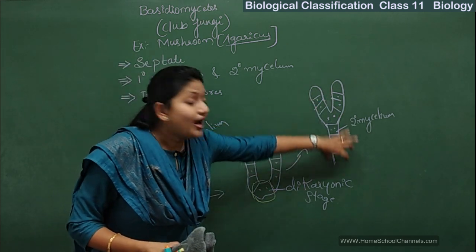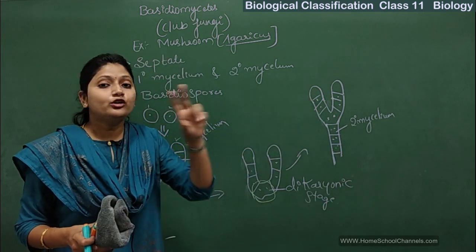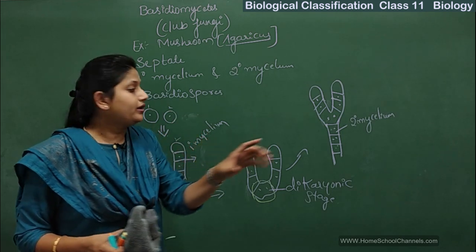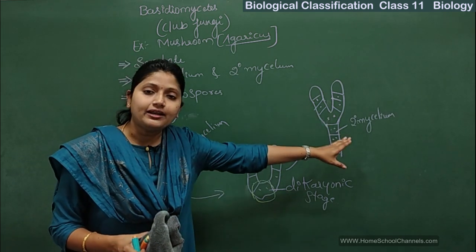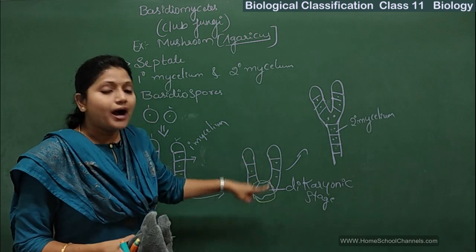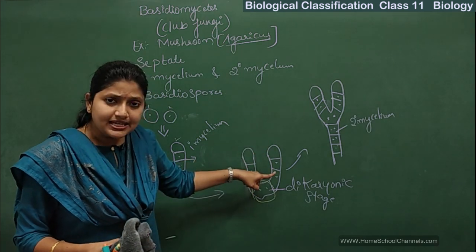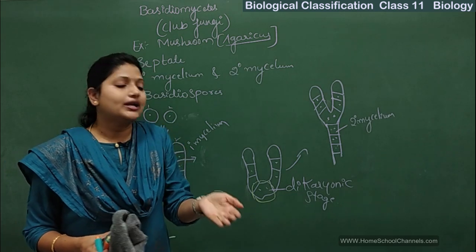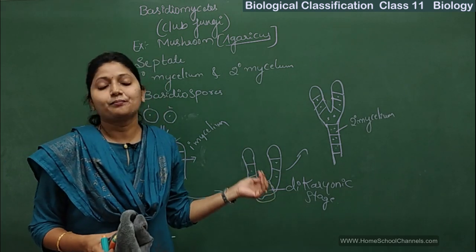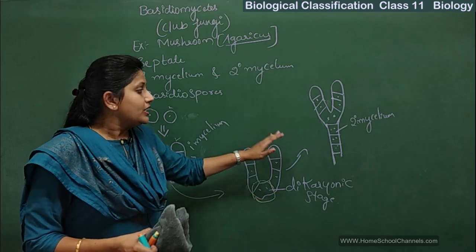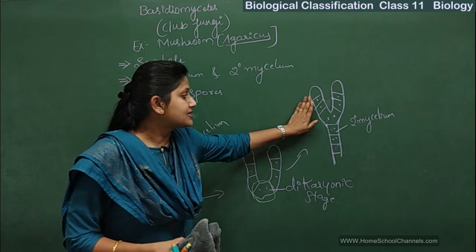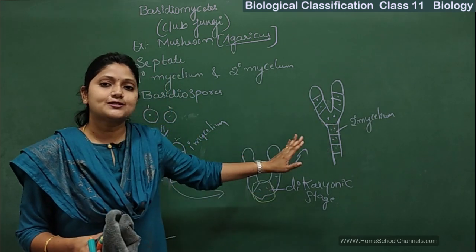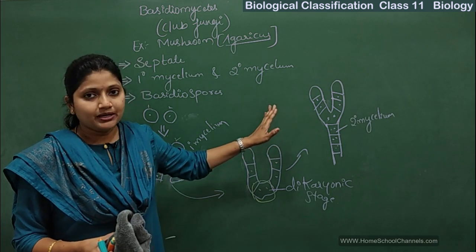The part of the mycelium having two nuclei in every segment is called the secondary mycelium, and the part having only one nucleus, or uninucleate, is called the primary mycelium. In reproduction, it is the secondary mycelium which participates, not the primary mycelium.